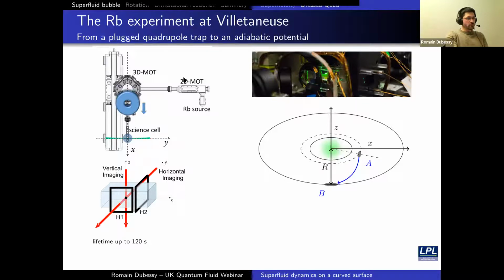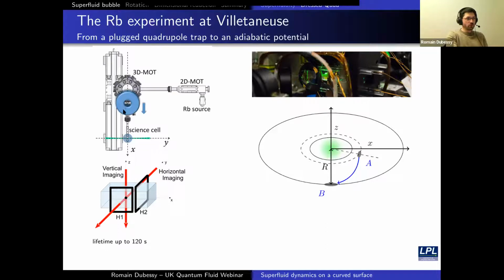So we have a fairly standard setup with a two-stage atomic cooling, first in a two-dimensional magneto-optical trap, then we transfer the atoms to a three-dimensional magneto-optical trap. And the originality of our setup is that when the atoms are sufficiently cool, we load them in a magnetic trap, and this magnetic trap is obtained by a pair of quadrupole coils that are attached to a moving translation stage.